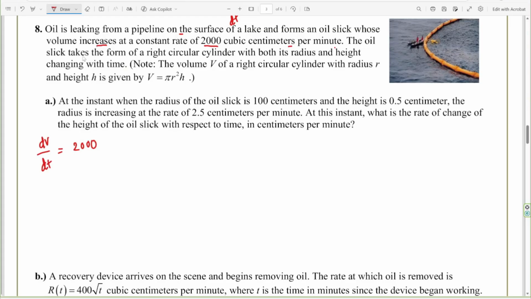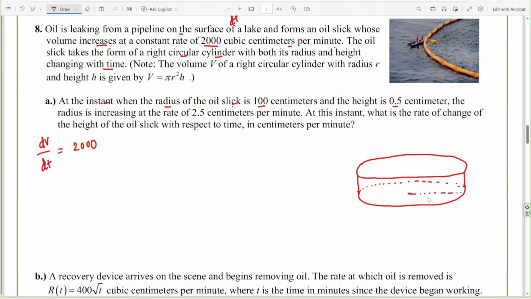The oil slick takes the form of a right circular cylinder with both its radius and height changing with time. So we just draw the cylinder at the instant when the radius of the oil slick is 100 centimeters and the height is 0.5 centimeters. So this is the radius right here, 100, and the height right here is 0.5.